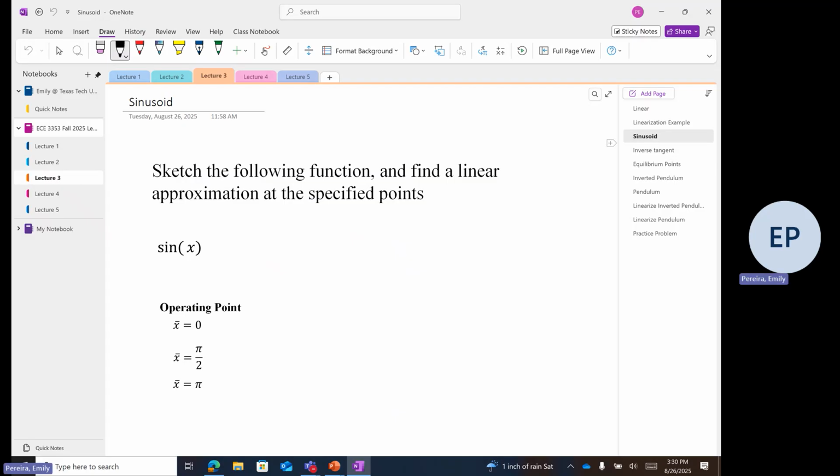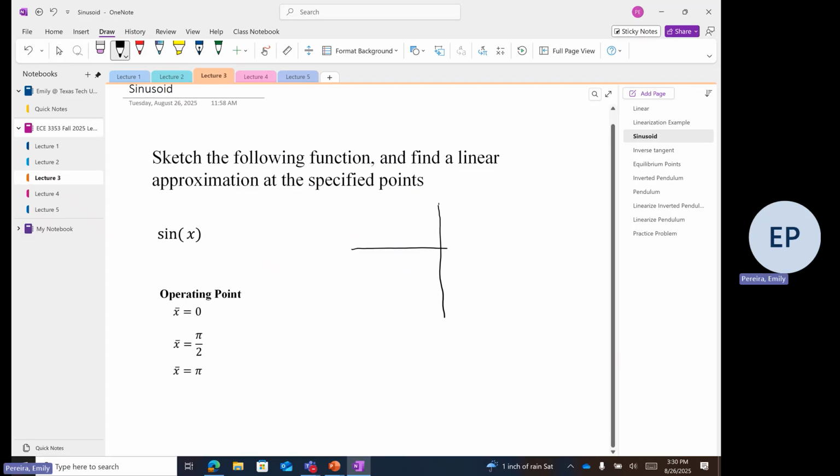So let's start by sketching. So we have this sinusoid function, right? Looks like this. So clearly this is not linear, right? We can just see from the sketch.